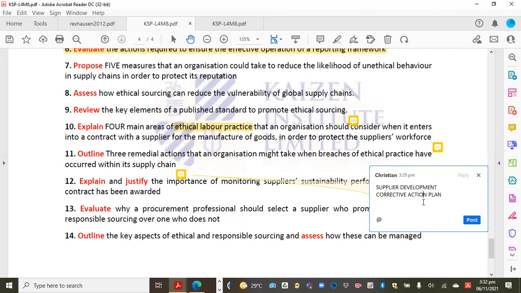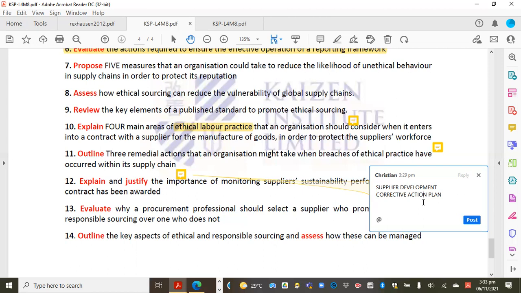Then how the cost of the remedial action will be shared would also be agreed as part of the corrective action plan. So it will be 50-50. The buyer bears 50%, the supplier also bears 50%, or 60-40, depending on the parties involved. They have to agree. Then there is also an element where the parties will have to know how the corrective action plan will be monitored.